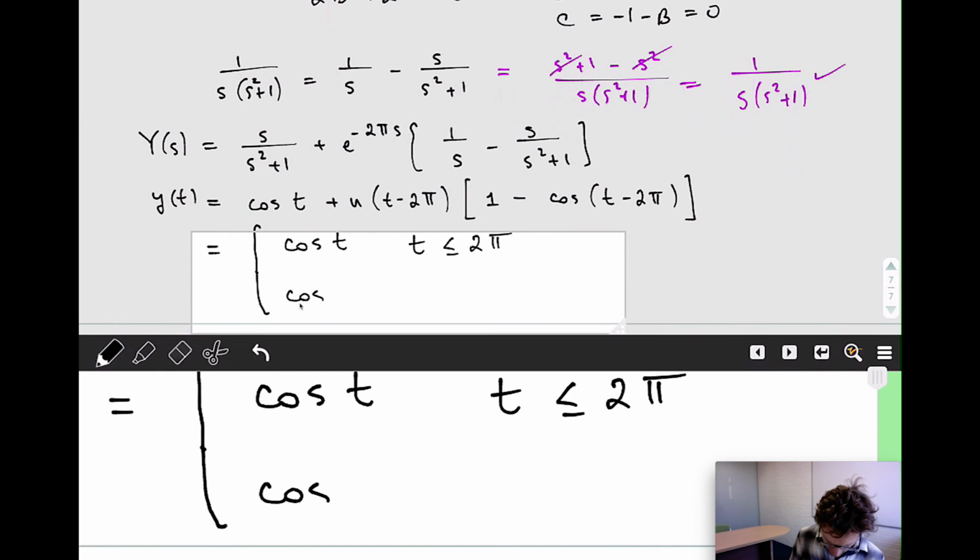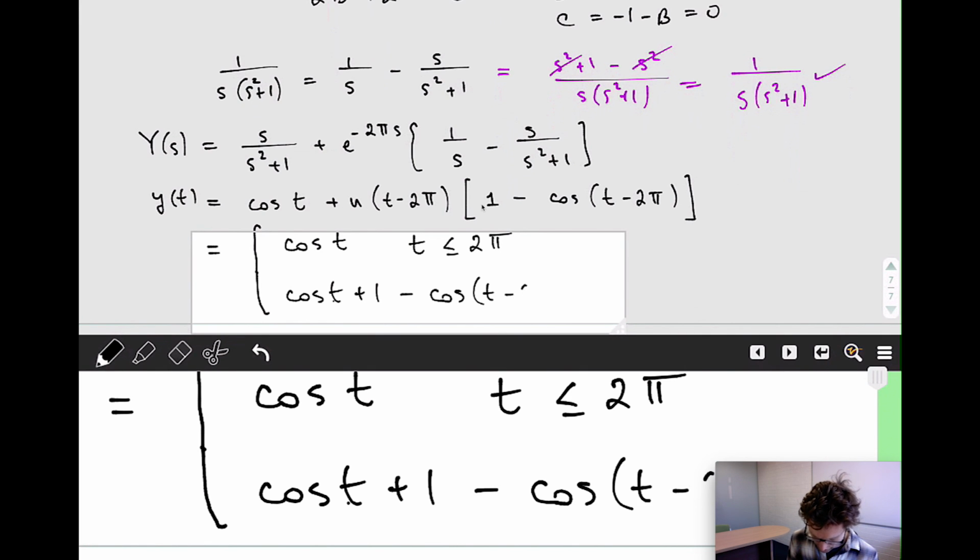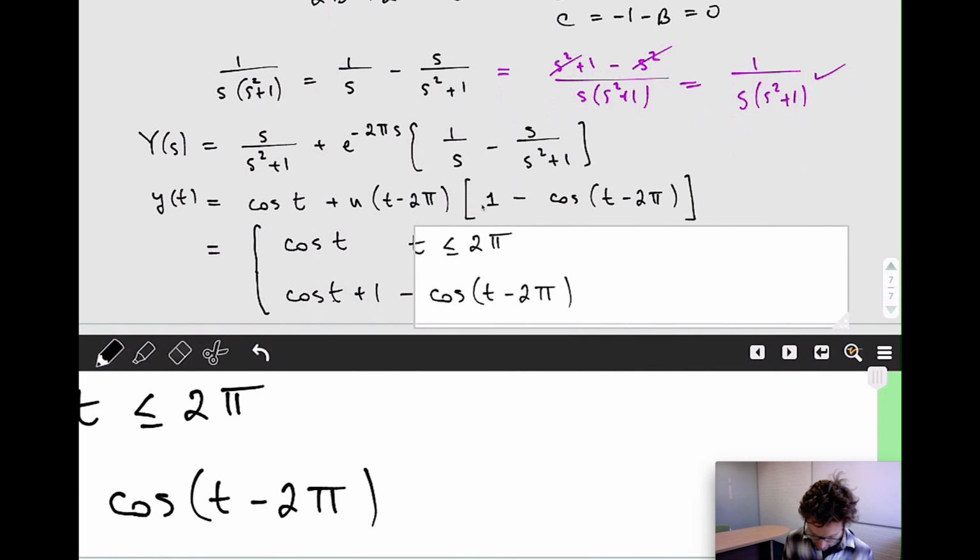Afterwards, I'm going to have cosine of t, and this bit is now going to be switched on, so I'm going to have plus 1 minus cosine of t minus 2 pi. And so that's for t greater than 2 pi.